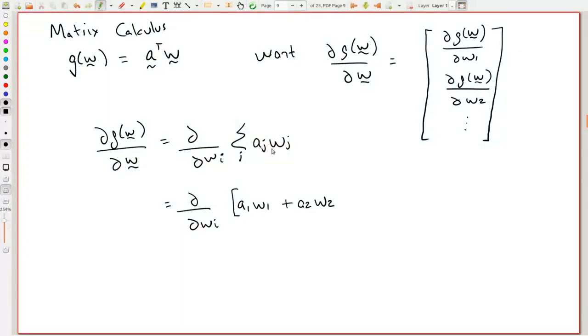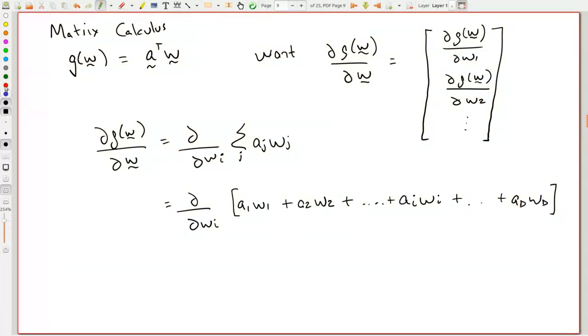I'm being very slow here, working through the sum of this thing. Plus dot dot dot, ai wi, plus dot dot dot, plus, and there's d of these, remember.